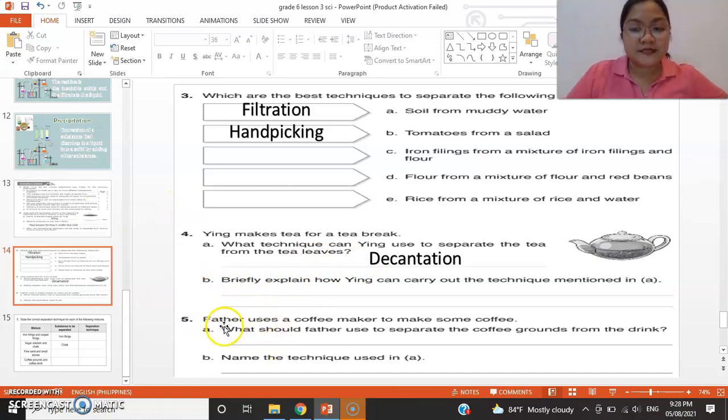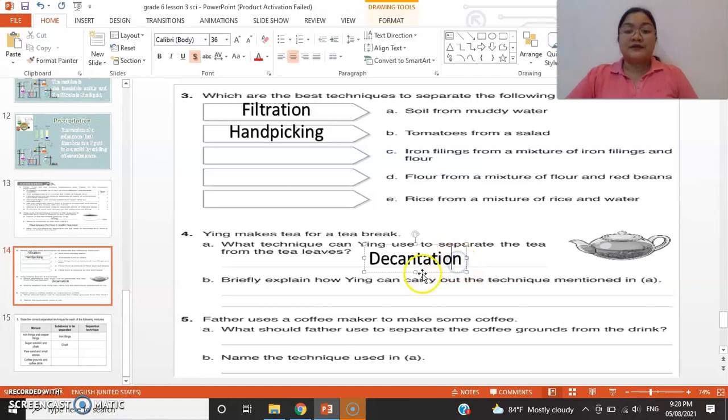Okay, next, number 5. Father uses a coffee maker to make some coffee. Letter A. What should father use to separate the coffee grounds from the drink? Alright, very good.